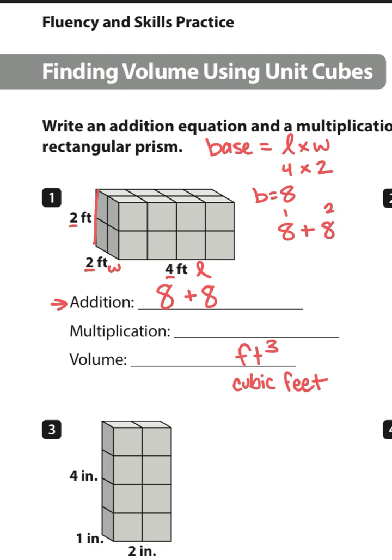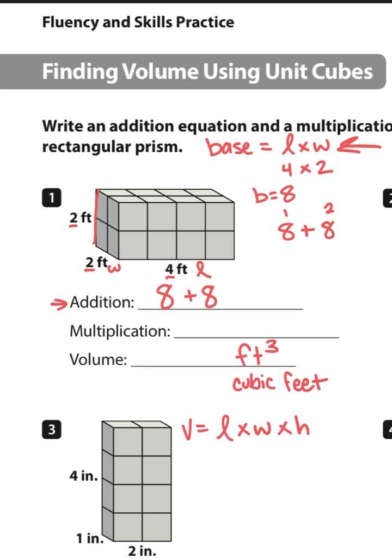This equation or formula is going to be volume, or V, equals length times width times height. If you look at how we solved the addition equation, we started the same way. We start with length times width because that gives us the base. And when we have the base, we can add layers or we can multiply that base by the height. Now let's plug our actual amount of feet into this formula.